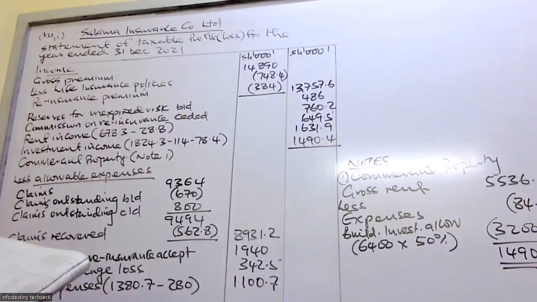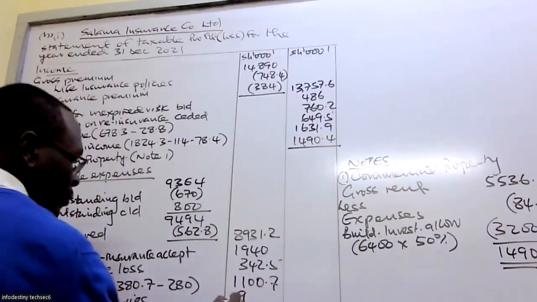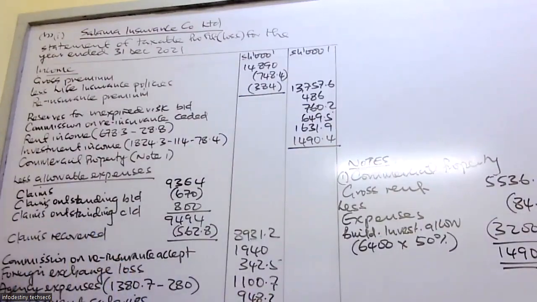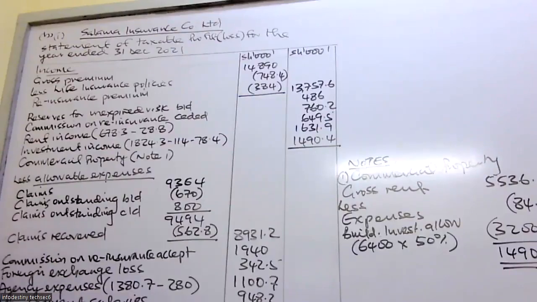Then management salaries is 948.2. Then legal expenses relating to claims is 64.8.